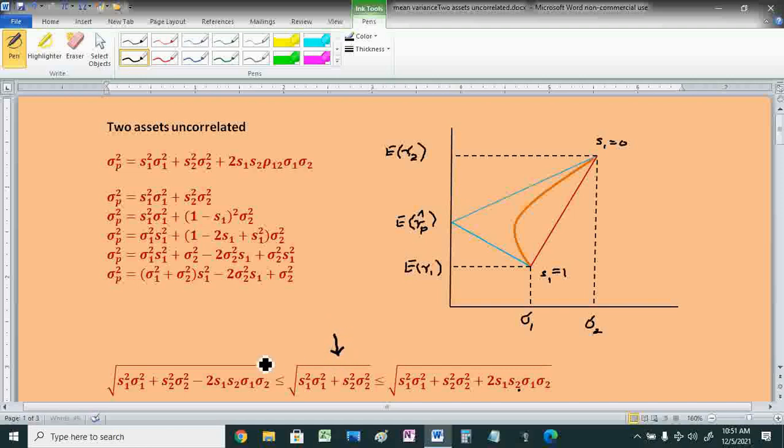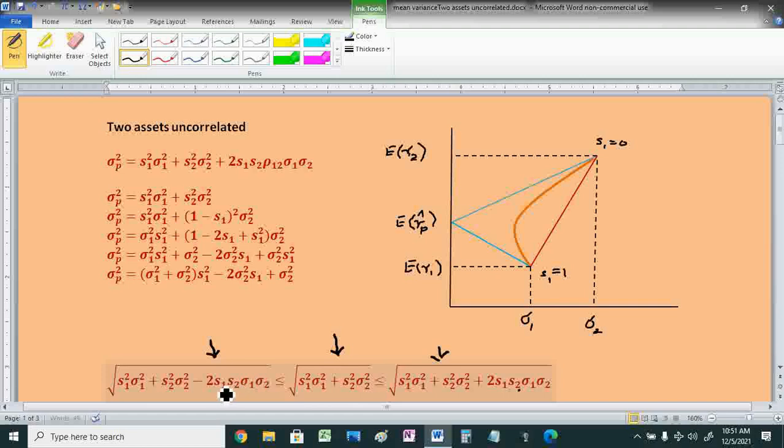And see that if we put rho 1 2 equal to minus 1, we will have this term, that is the left hand side term, and if we put rho 1 2 equal to 0, we'll get this right hand side term of this weak inequality that I have written here.